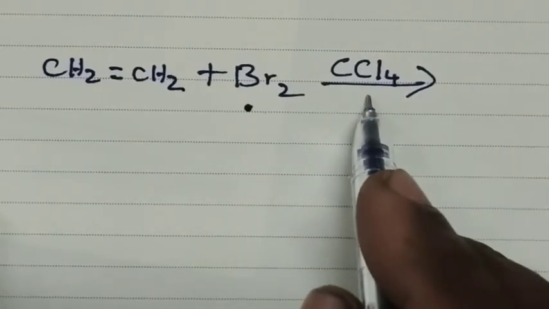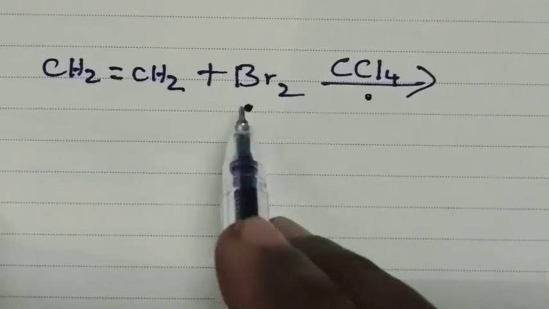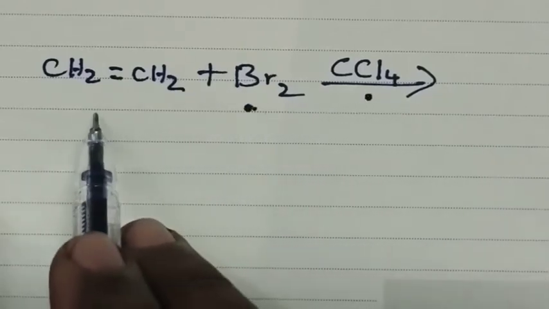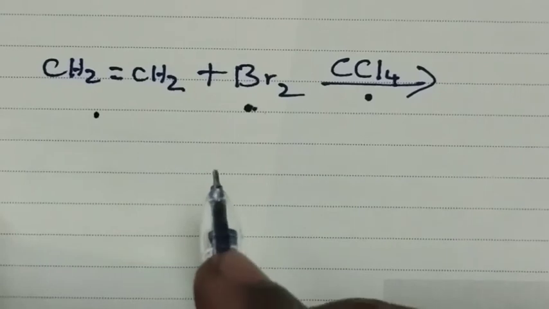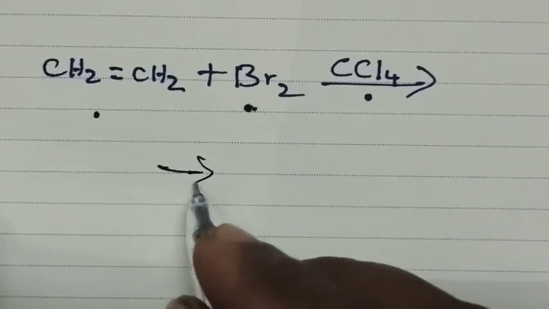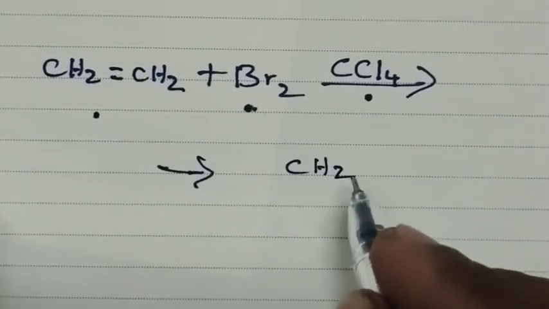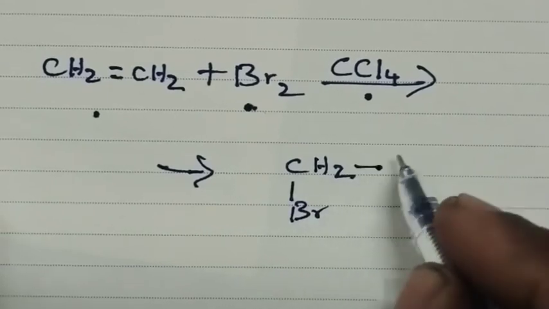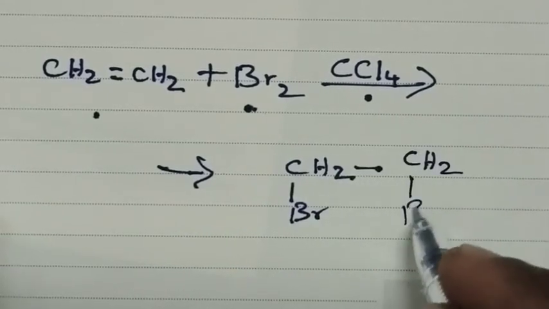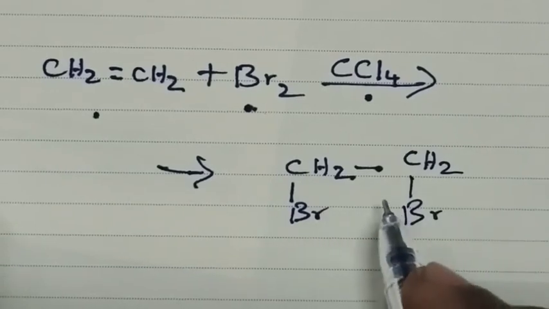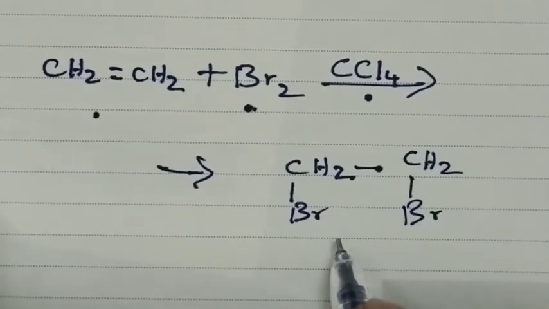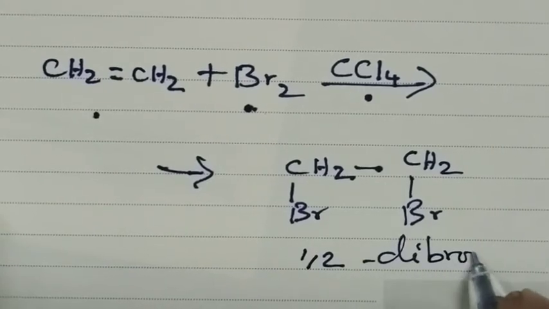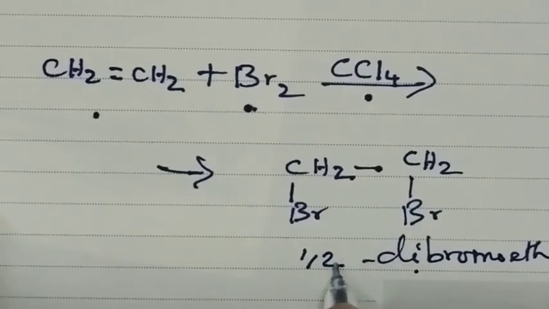But bromine reacts with this alkene and forms CH2Br, the double bond becomes a single bond, CH2Br, that is 1,2-dibromoethane. This will become colorless.